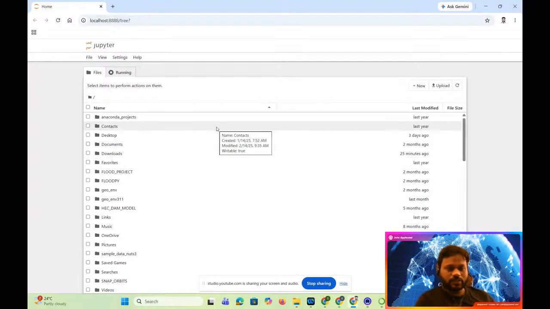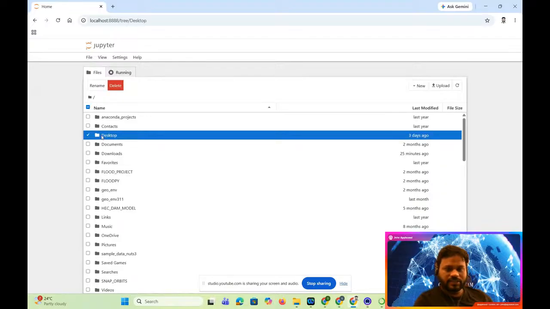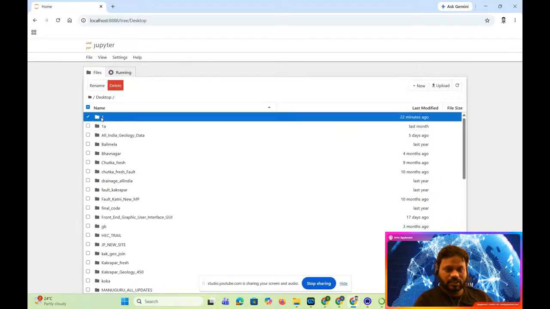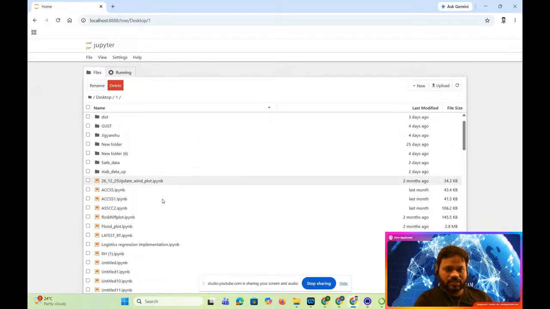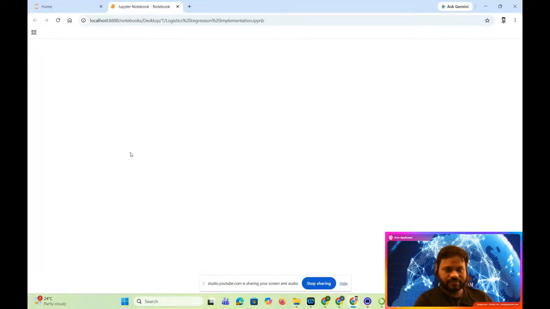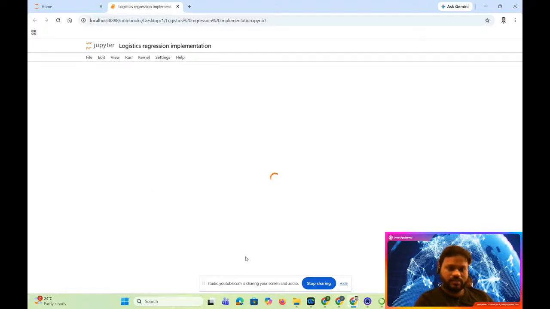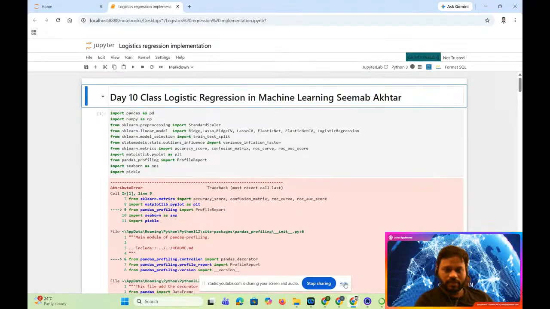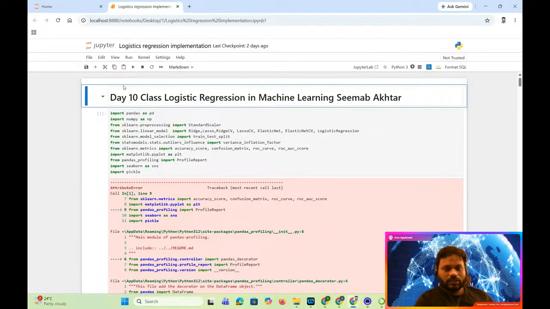This is my Jupyter notebook, and my file is in this one, the logistic regression implementation. It is opening, just wait for 2 to 3 minutes. Now, class 10, logistic regression, lecture 2, in machine learning by Seemab Akhtar.